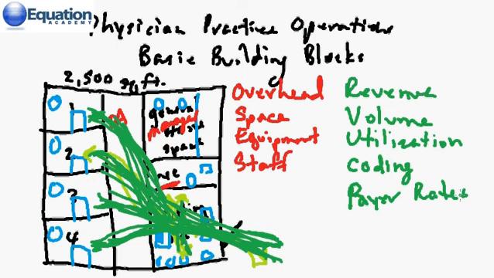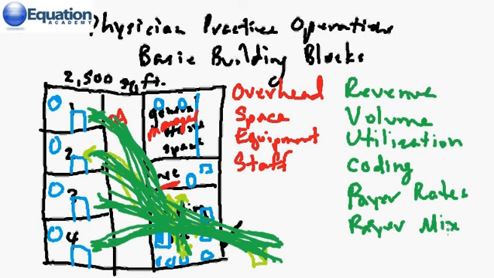And related to payer rates is what we call payer mix. And payer mix deals with the composition or the numbers of patients coming into the practice that are represented by each insurance company. So, for example, if I look at all the patients over a given year, I might see that 25% of all my patients have Medicare as their primary insurance.